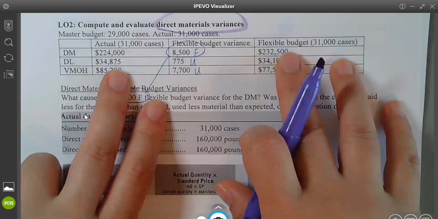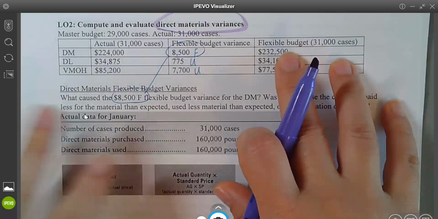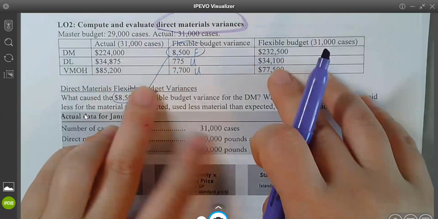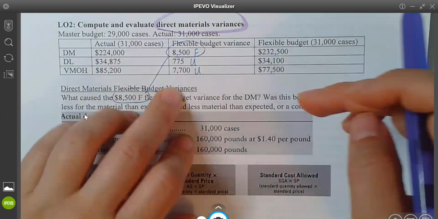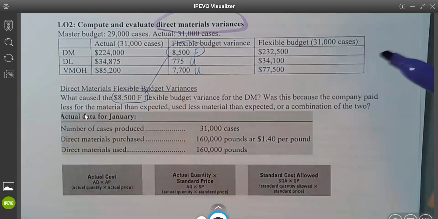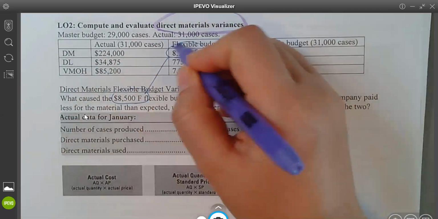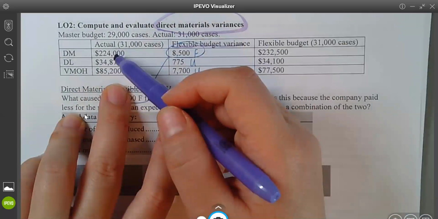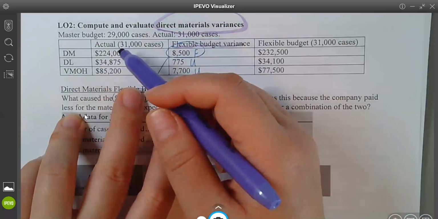This is from your textbook. We have a master budget of 29,000, our actual is 31,000. So we only think about the flexible budget variance. Our goal is to break the flexible budget variance into 2 parts. You already got this one from chapter 9, I believe, when we did the master budget.